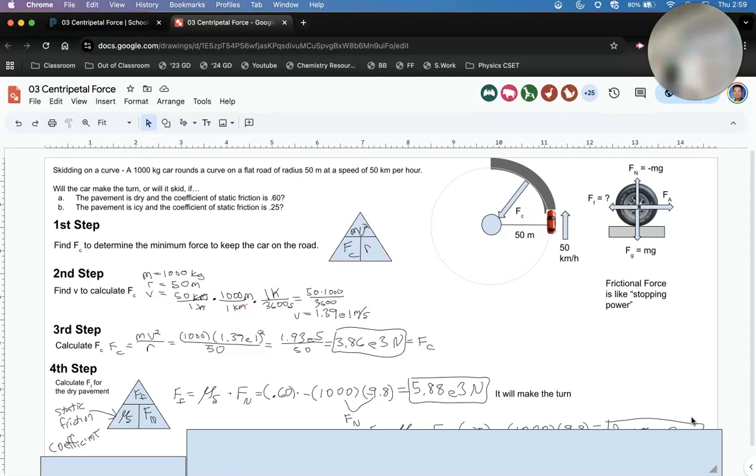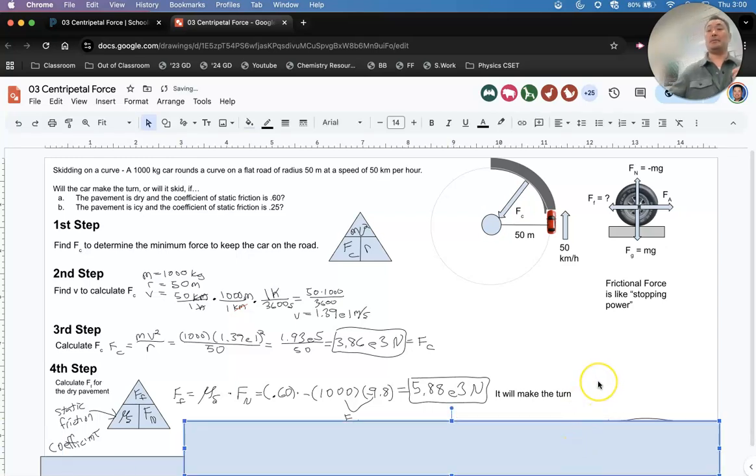You need a centripetal force number in your mind that the car needs to have in order to make the turn. If you don't have enough force, then your car will just go off the road. So we compare the amount of frictional force being greater than our centripetal force to make that prediction.